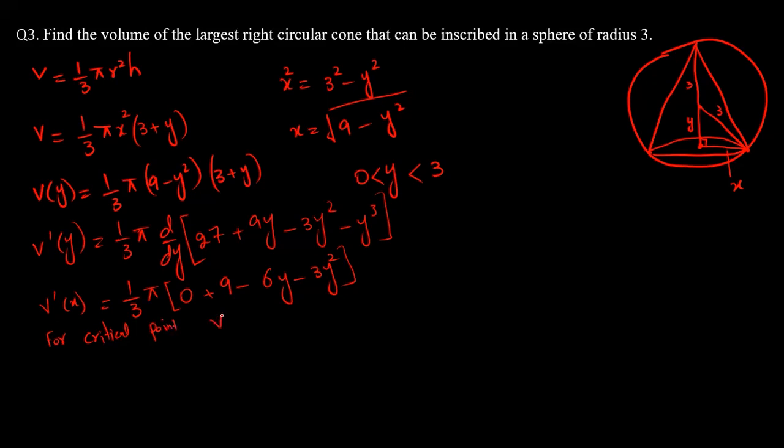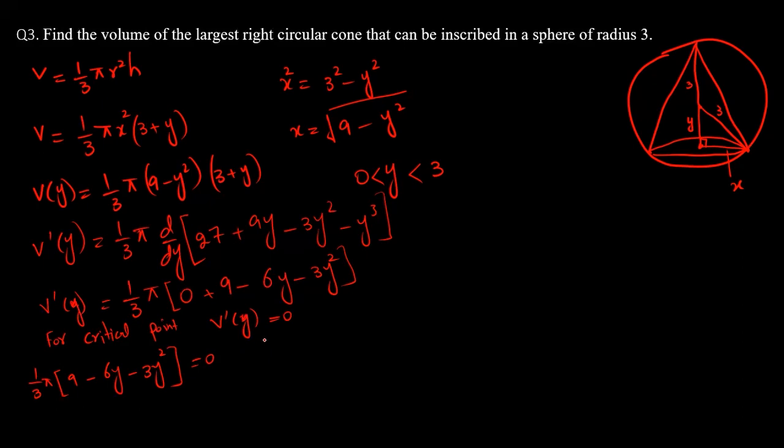For critical points we need to put V dash of y equal to 0. So 9 minus 6y minus 3y square is equal to 0.